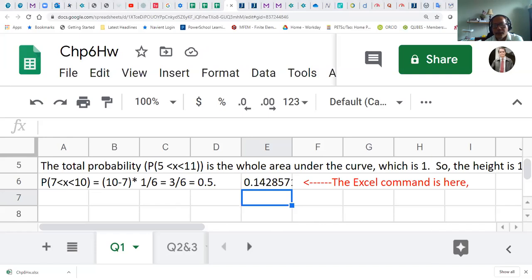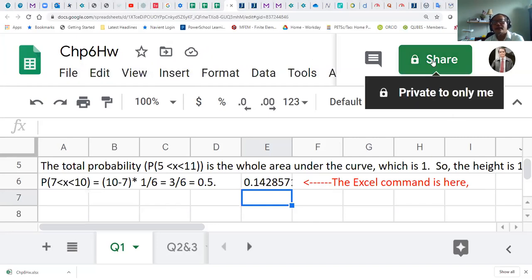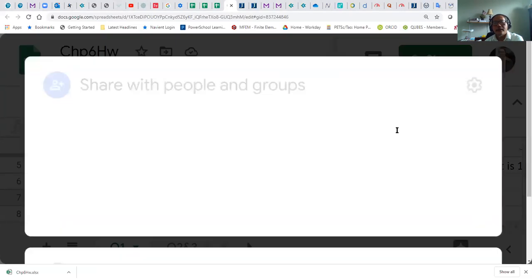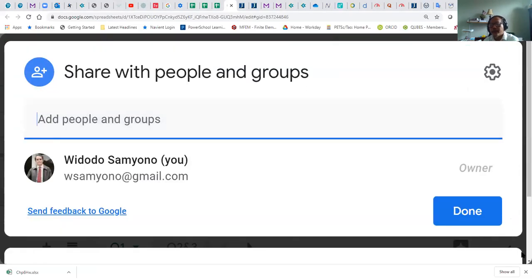Oh, sorry, I think I need to share the Excel with you. I mean the Google Spreadsheet. Let me share the Google Spreadsheet in the chat. So you can use it and work on your own problem at the same time.